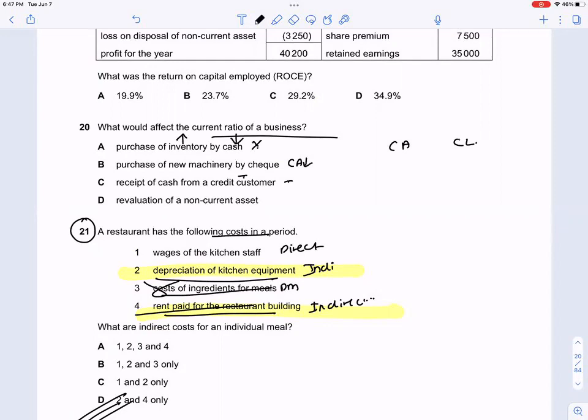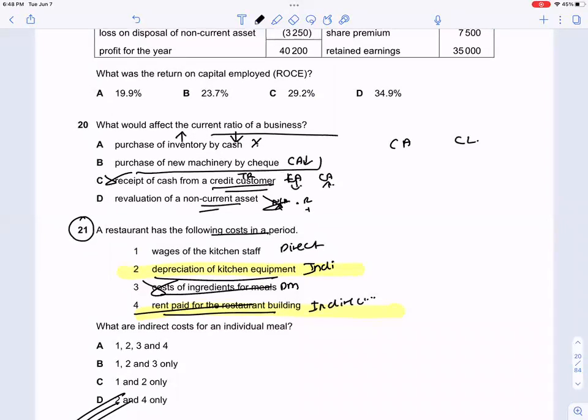Credit customer means trade receivable, so one current asset is reducing and another current asset is increasing. Yes? No effect. Revaluation of non-current assets: non-current asset is increasing and reserves is increasing. So even this will not have any effect. So only this will have an effect on the current ratio.